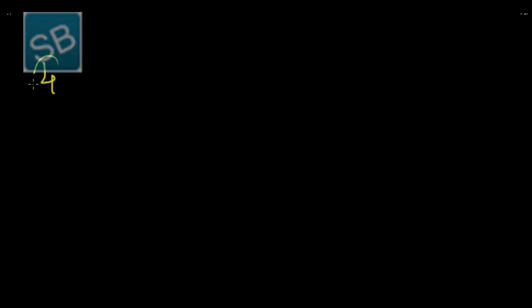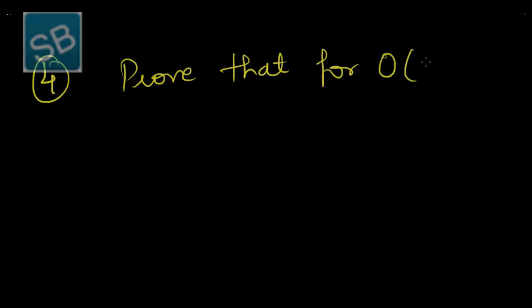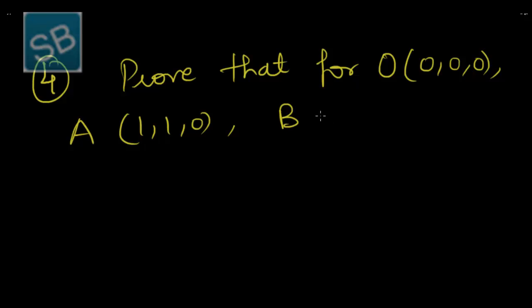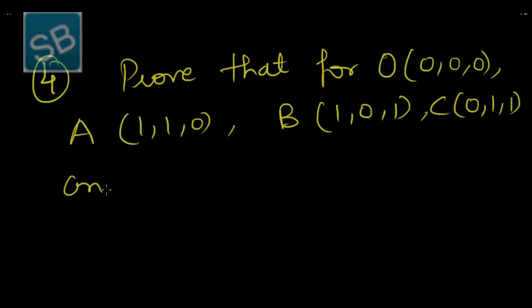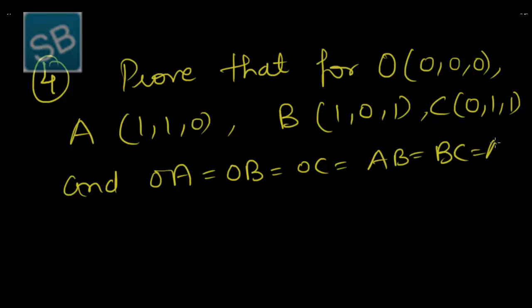Now the last problem, that is the fourth problem, is to prove that for the origin O with coordinates 0, 0, 0, point A with coordinates 1, 1, 0, point B with coordinates 1, 0, 1, and point C with coordinates 0, 1, 1, OA is equal to OB is equal to OC is equal to AB, BC, AC.